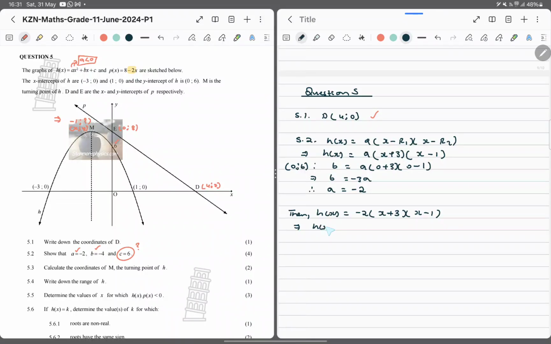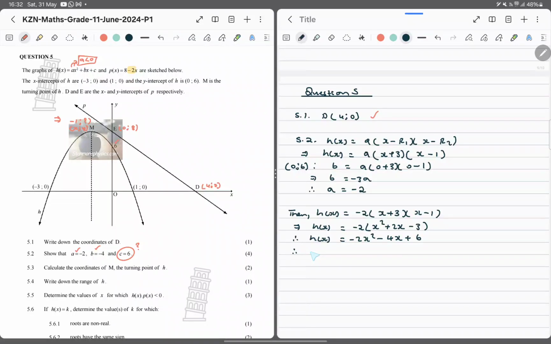This implies that h of x is minus 2 into x squared minus x plus 3x, which is going to be plus 2x minus 3. Therefore h of x is going to be minus 2x squared minus 4x plus 6.